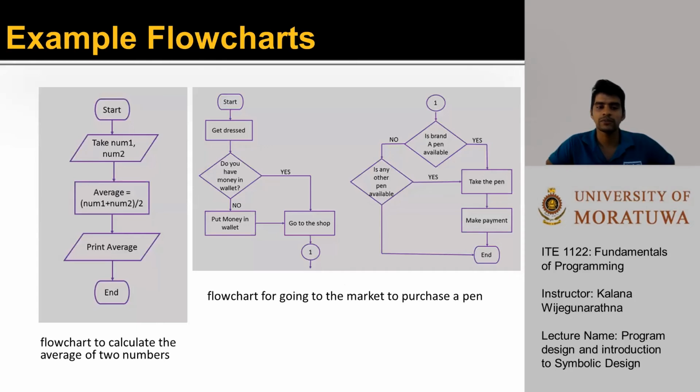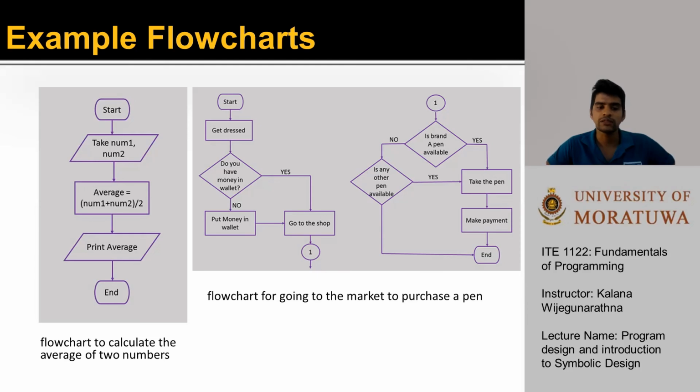Here are two examples of flowcharts. The first example shows a flowchart drawn to illustrate the process of calculating the average of two numbers. After the start symbol, you can see an input box taking two numbers and a process box doing the calculations. Finally, the flowchart ends with an end symbol after outputting the average in the output box.